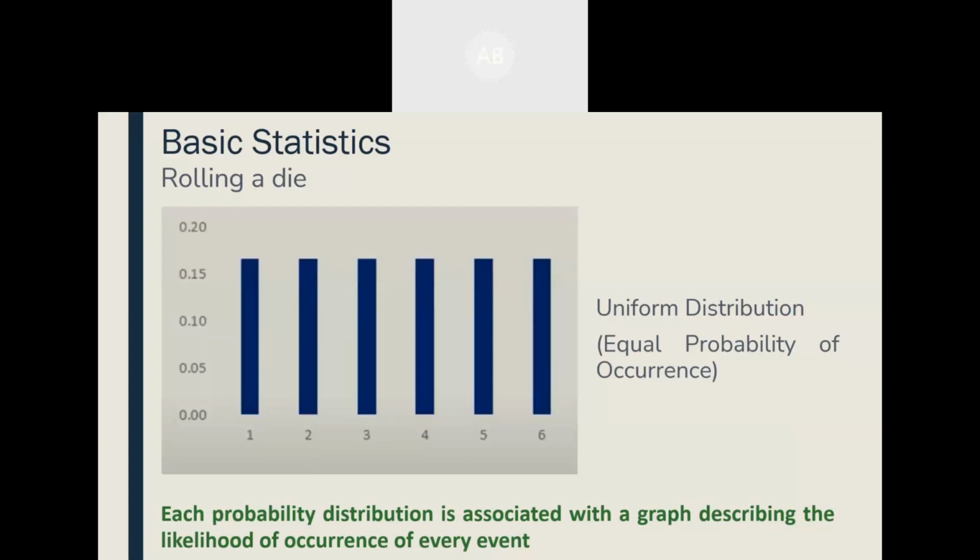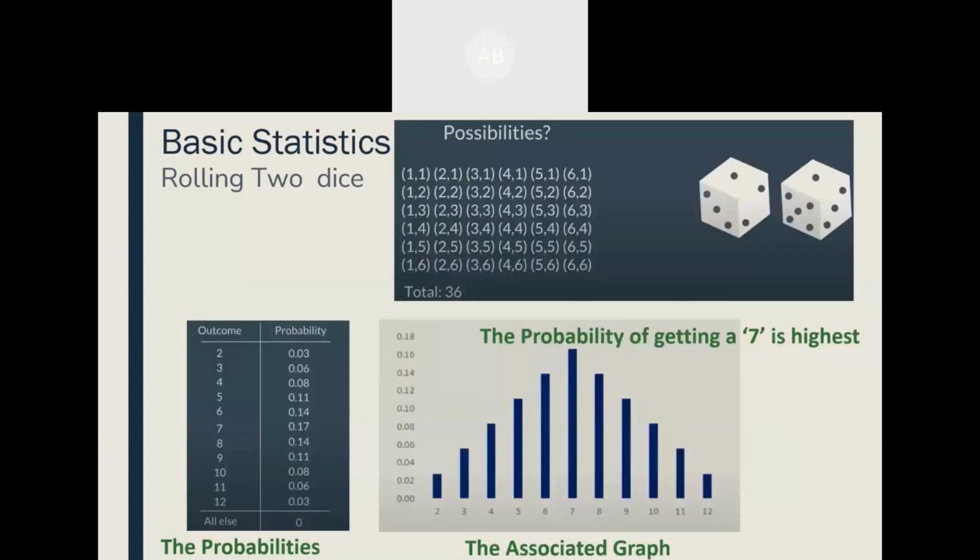So from here we go a little farther, and take an example of throwing two dice, whereas earlier it was only one dice. If you throw two dice, then you'll get a combination of two numbers, or two values. These combinations are here, as you see on the screen.